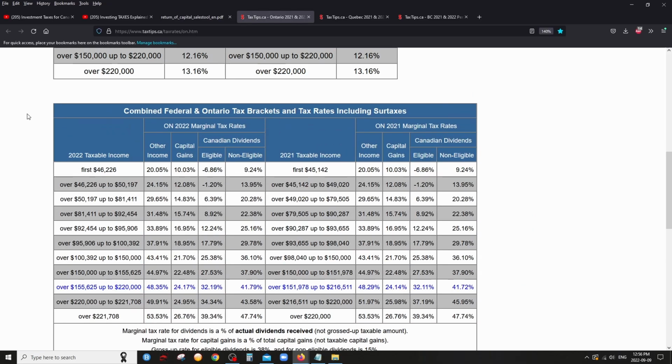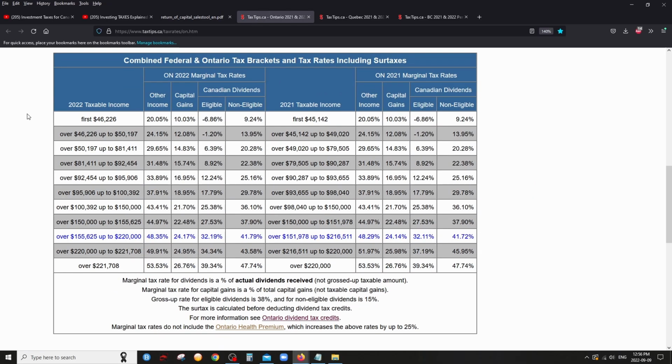It depends on your province and it depends on your marginal tax rate. So let's look at Ontario. I'm on taxtips.ca here, and this is the 2022 combined federal and Ontario tax brackets and tax rates. So this will tell you which is better for you.